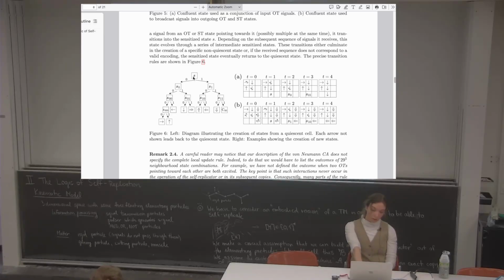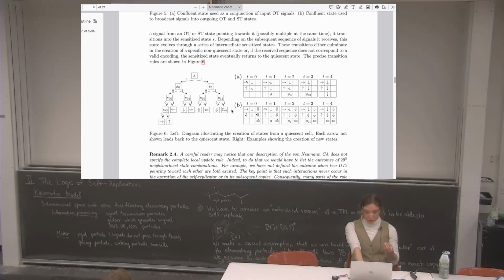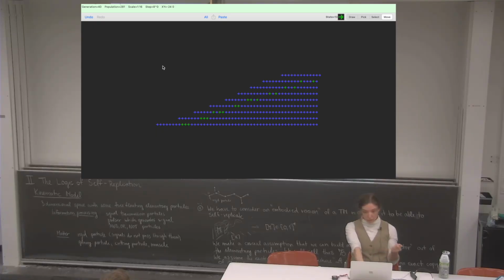For instance, if the following bit sequence is 0, 1, 0, it's going to result in this state. If it's 1, 1, 1, it's going to result in a confluent state that is inactive, and so on. Is this clear? And we can see all of these in action. So if we have 0, 0, 0, 1, it's going to result in an ordinary transmission state pointing upwards, and so on and so forth.